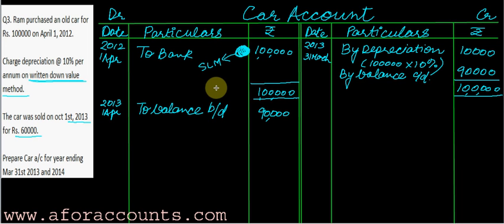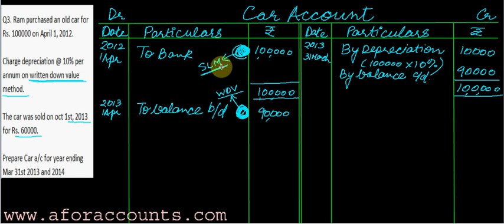But in written down value, the written down value of the asset is 90,000 over here. So every year after doing the adjustment of depreciation, you get a value which is written down value, WDV. On that WDV you charge depreciation under the written down value method, whereas under your straight line method, you charge depreciation on your original cost.